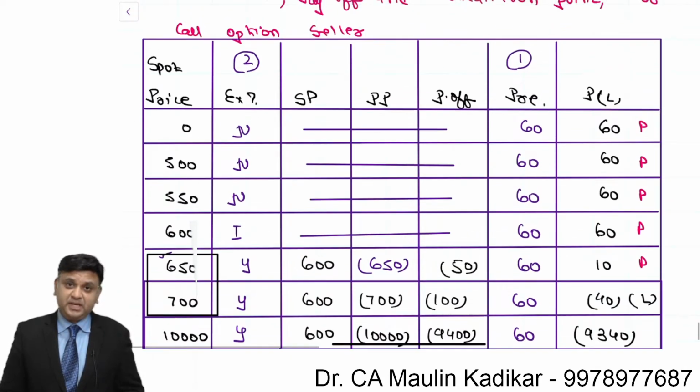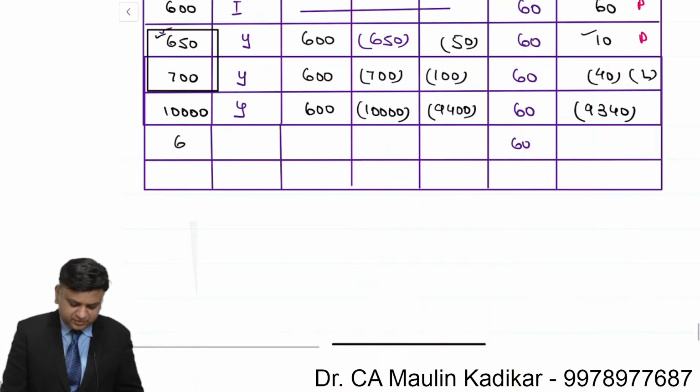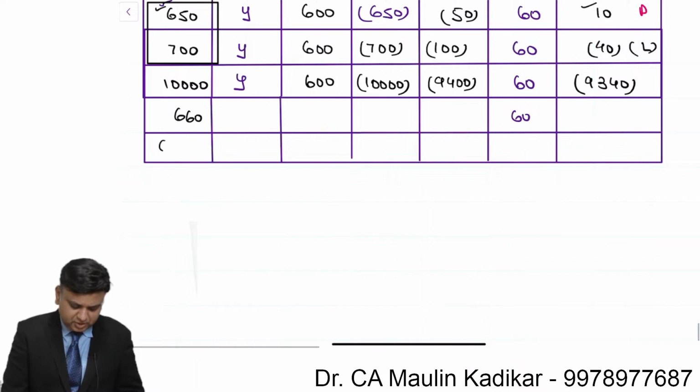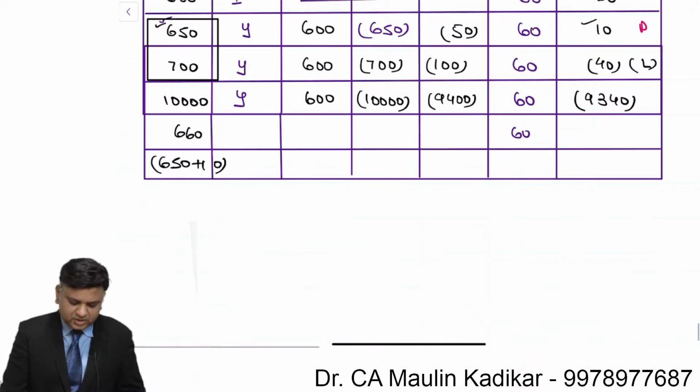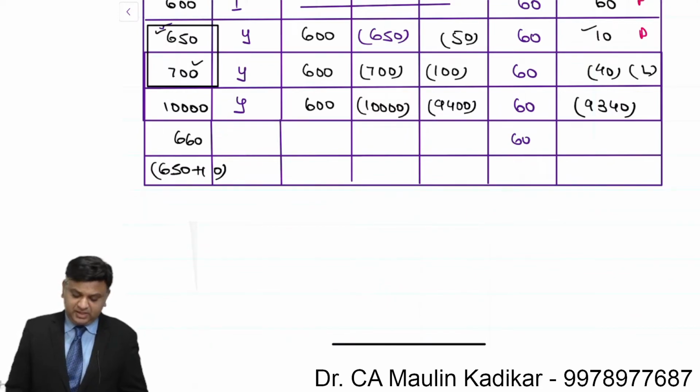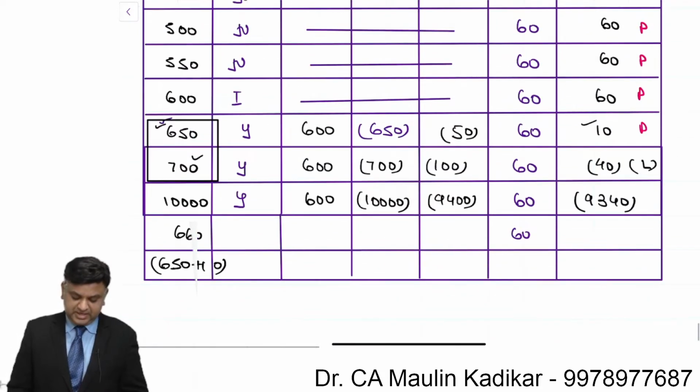In order to find the break-even point, we will take the base of the lower value, that is 650 rupees over here, and 10 rupees is added to it. Whether this 10 rupees is positive or negative, we do not have to see. So it is 650 plus 10. Or otherwise, if you take the base of 700, then 40 will be deducted.